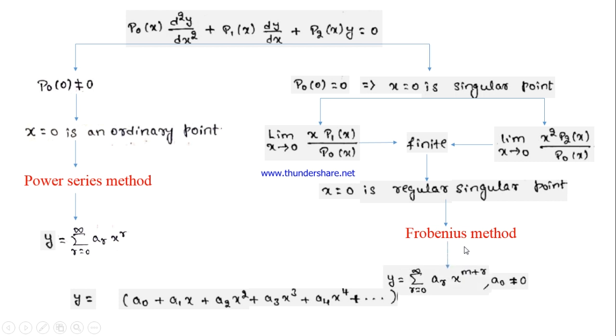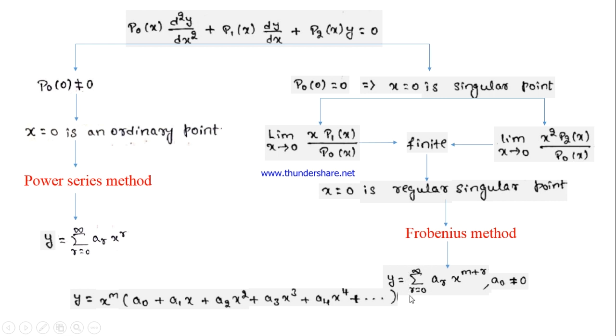In that method, we are going to assume our solution in this form: summation r equal to 0 to infinity ar x power m plus r, with the assumption a naught is not equal to 0. This condition is very important. In expanded form, this will look like x power m multiplied by the same infinite series.